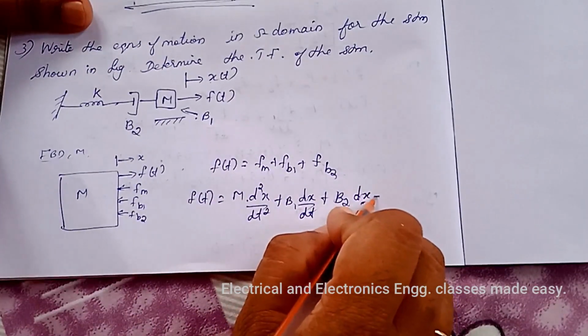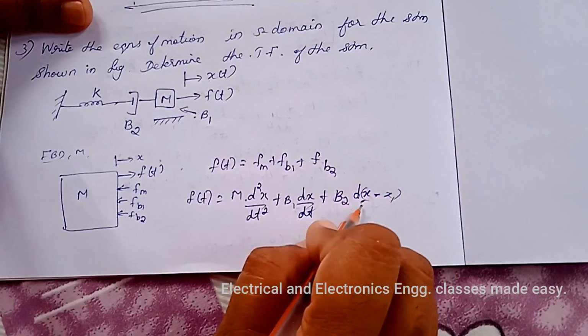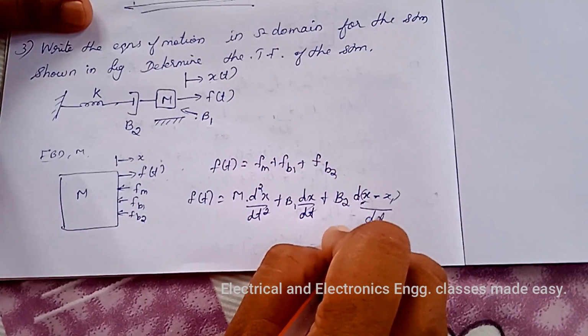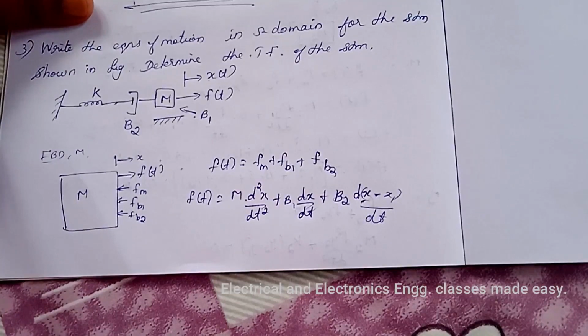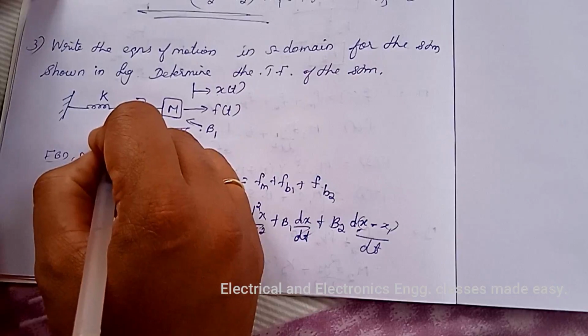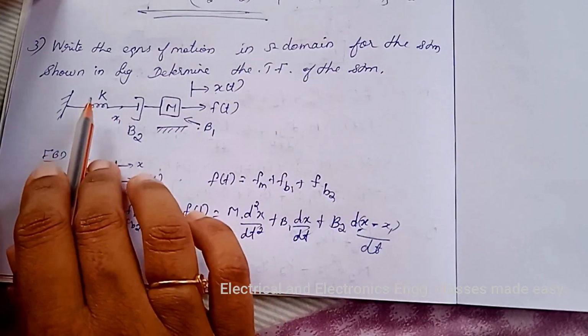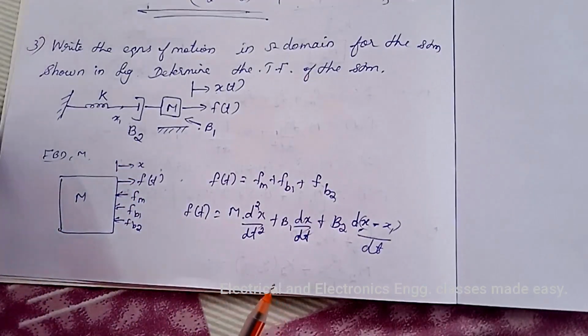So we can write d of x minus x1 divided by dt. So assume x1 is the displacement at this point, that is at the meeting point of the spring and dashpot.